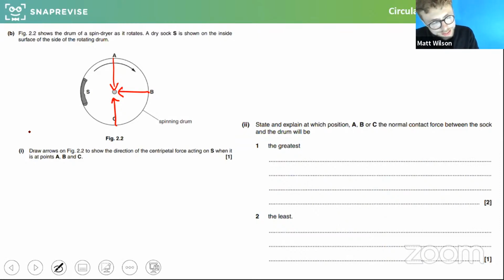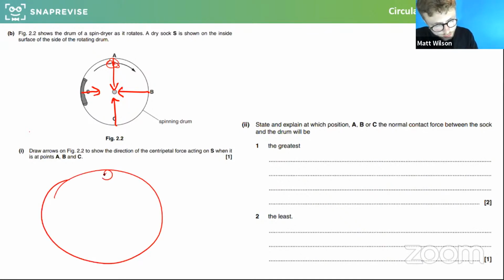As a result of being in contact with the surface of the drum, it will be exerting a normal contact force. Often that's called R for reaction. So when the sock is here, there'll be some reaction force. Let's draw them all here. There'll be a reaction force on the sock when it's here, and one when it's here.